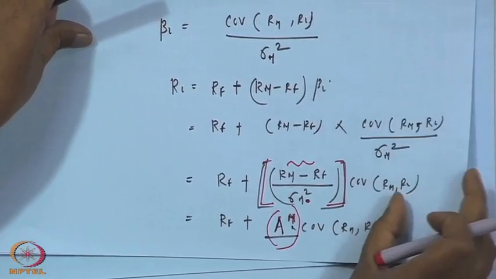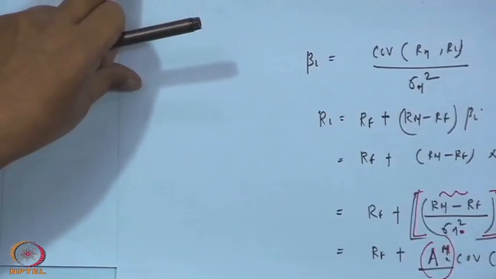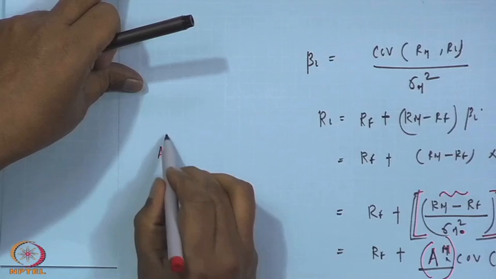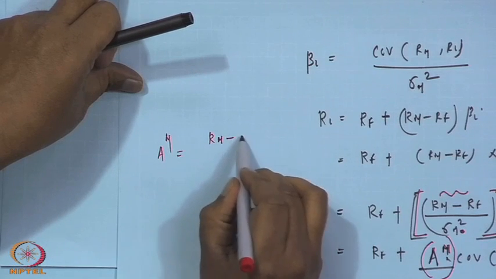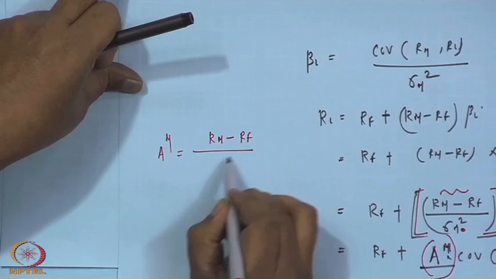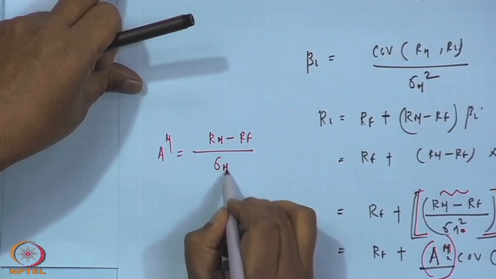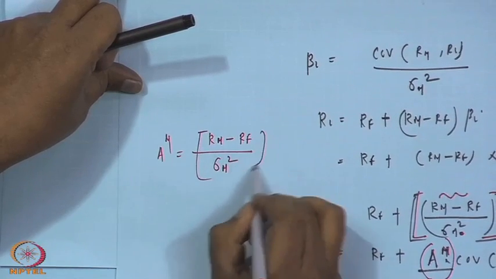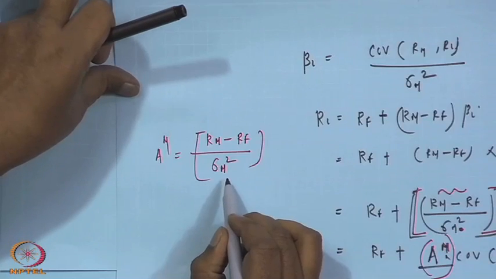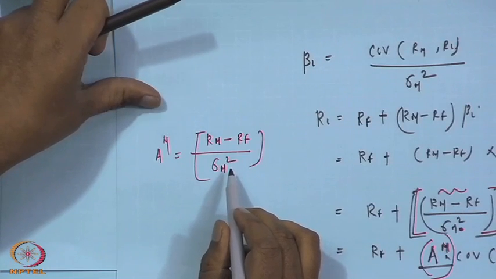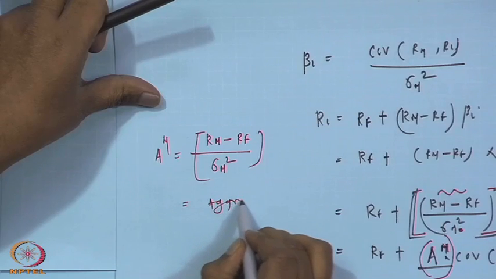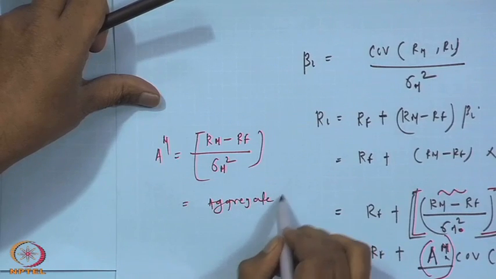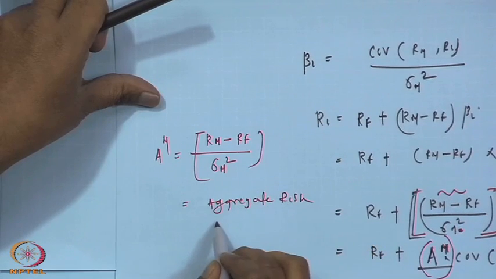Here Am is the risk premium, the market return minus the risk-free interest rate, divided by sigma of the market. It is called the risk-to-volatility index, or the aggregate risk aversion index.